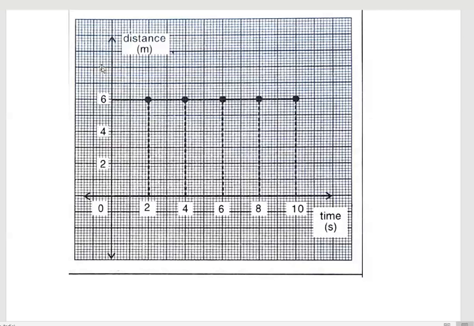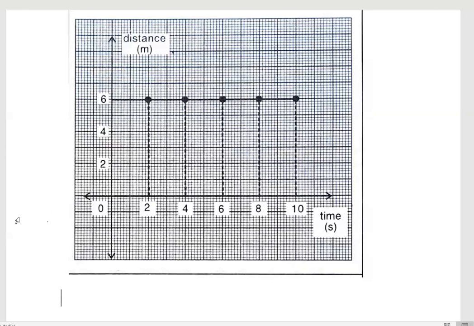Now, when we join these points, the line we get will be parallel to the x-axis. This is your x-axis, and this line we get is parallel to the x-axis. So, we can say that the object is stationary. Look at this line. Even though the time is changing, the distance of the object is not changing.